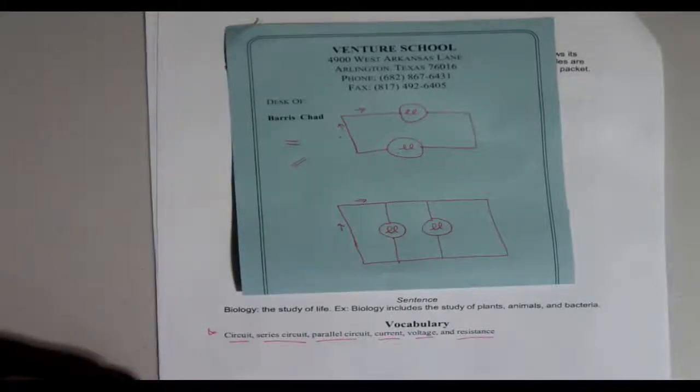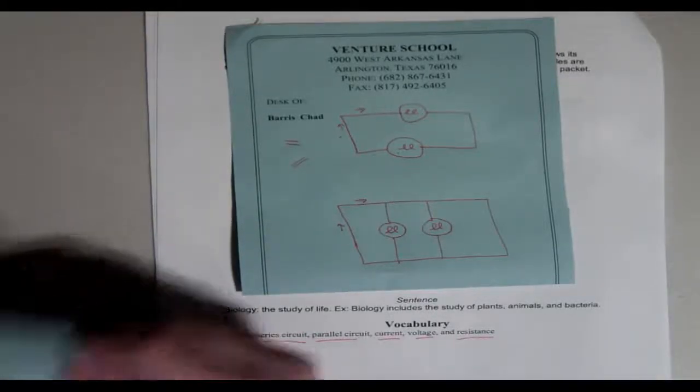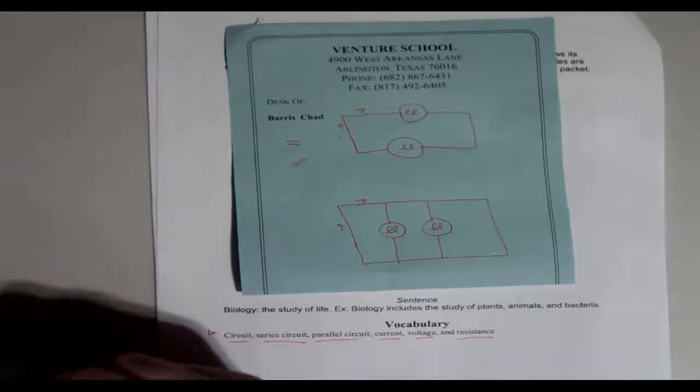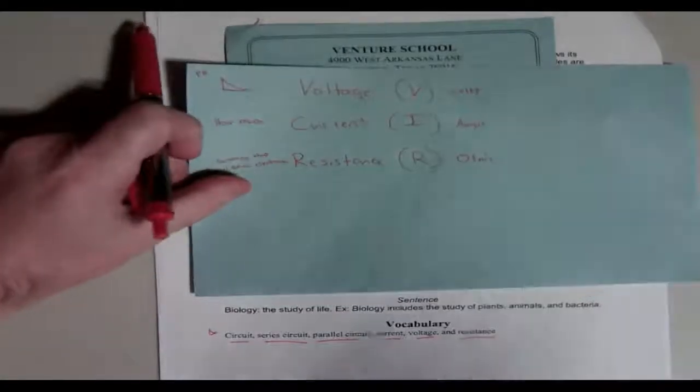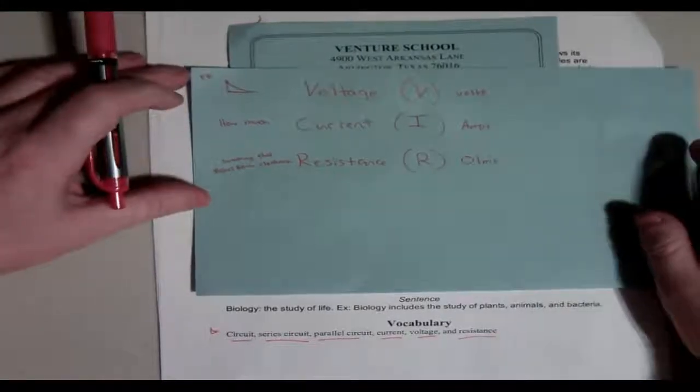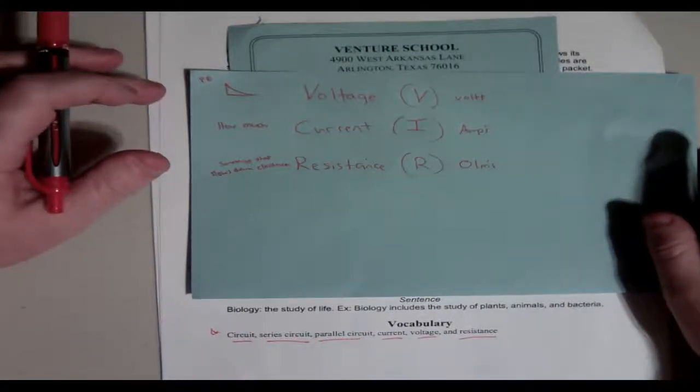All right, so now let's look at the things that usually are a little tougher to get because they are a little more abstract. Okay, so voltage, current, and resistance.